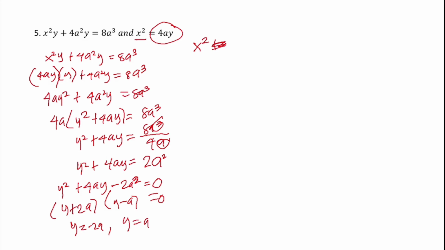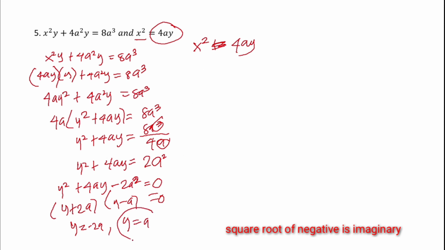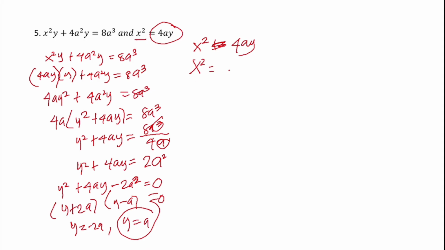But if we substitute into x squared equals 4ay, the value y equals negative 2a will make the right side negative, and we cannot take the square root of that. So we need to use y is equal to a. So x squared is equal to 4a times a, so x squared is equal to 4a squared, and x is equal to the square root of 4a squared.